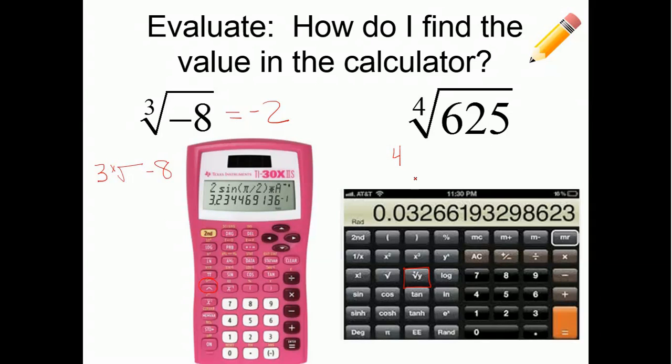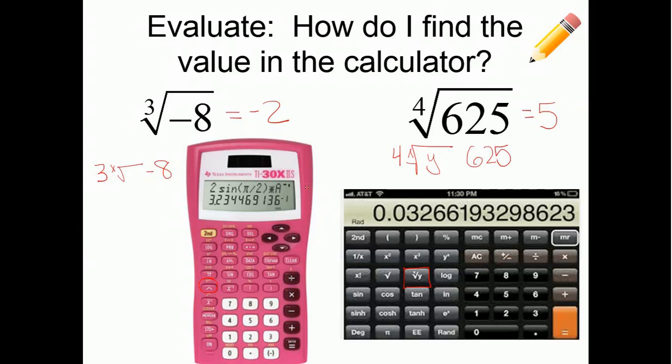So you would push 4, and then the x square root y, and then 625. You should get the 4th root of 625, which is 5. If you have any trouble finding these in your calculator, please ask. I can definitely help you.